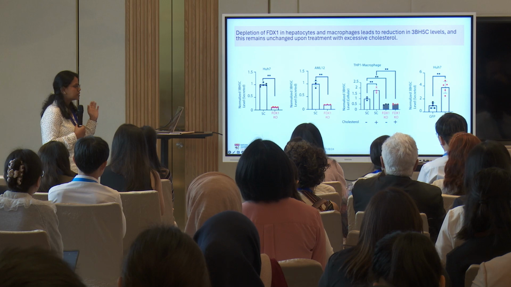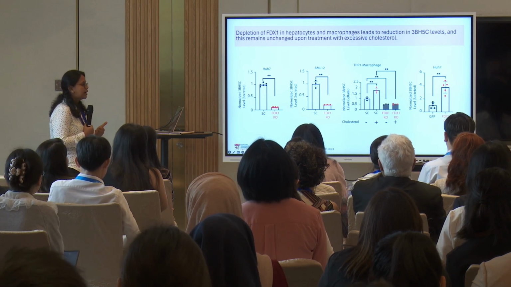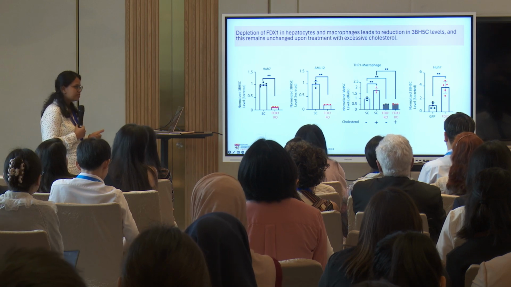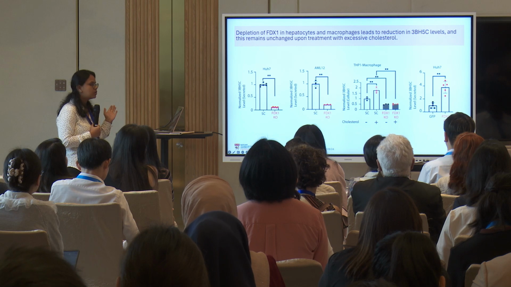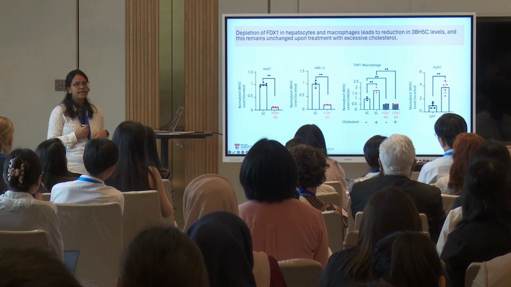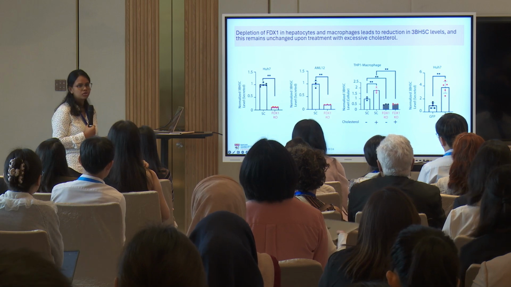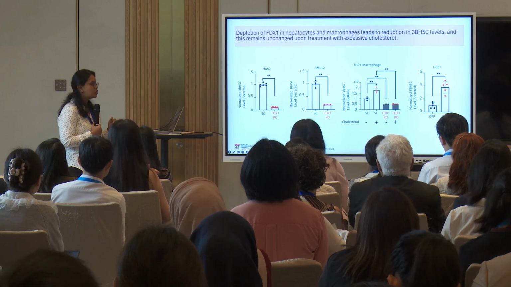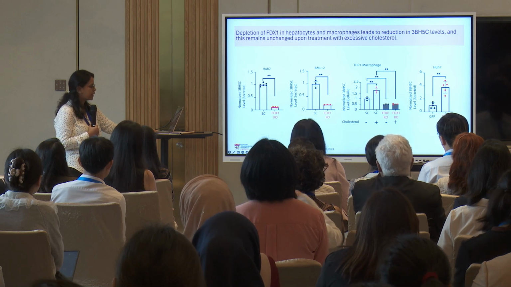So here is a summary of our findings. We find that depleting FDX1 leads to reduction in the 3BH5C levels in the hepatocytes and macrophages, and that treating it with excess of the substrate, which is cholesterol, does not change this fact. Also, overexpression leads to increased synthesis of 3BH5C.